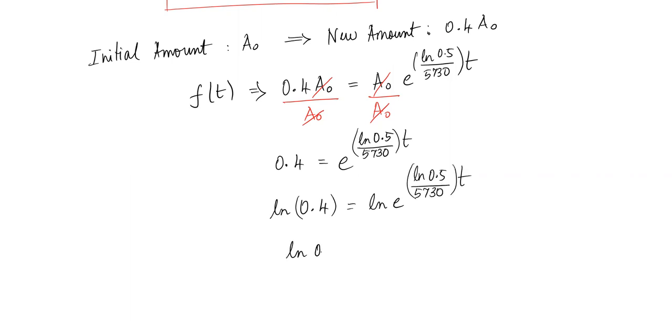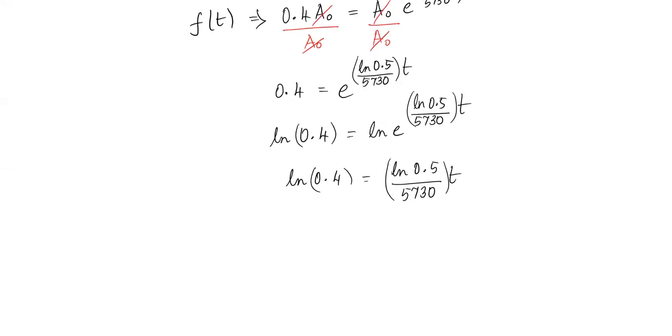And ln 0.4 equals, the whole thing comes down. That's ln 0.5 over 5730t. ln e is 1, so we're skipping that. And then one last step. This looks bulky, but we're going to use the calculator shortly to get that.